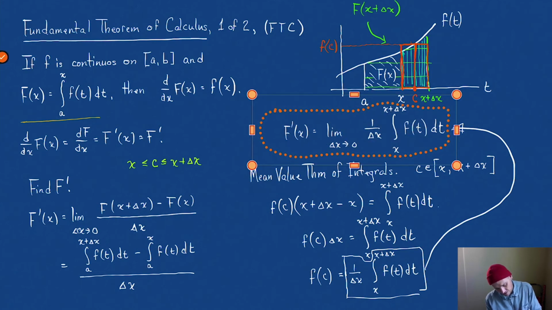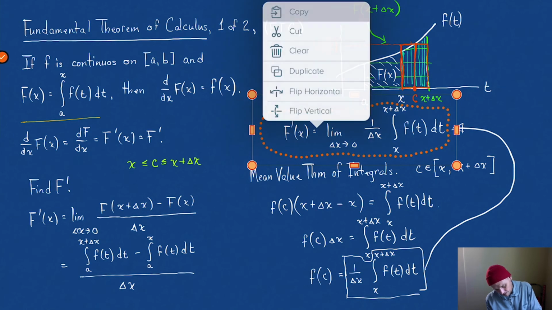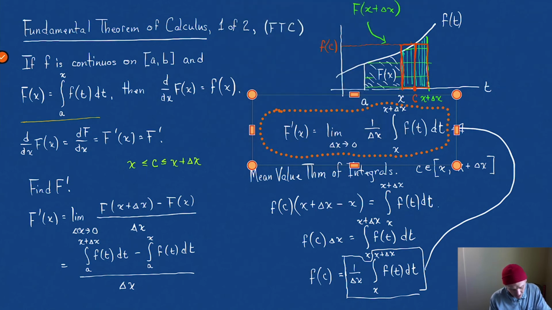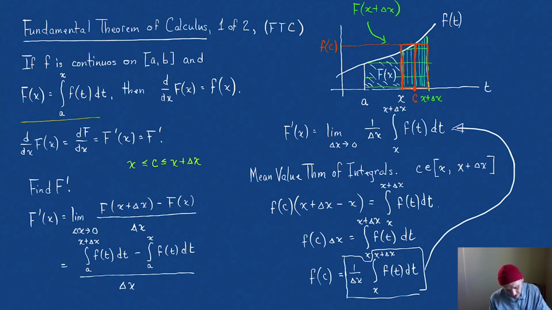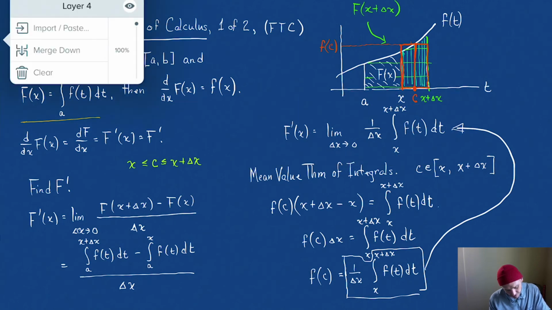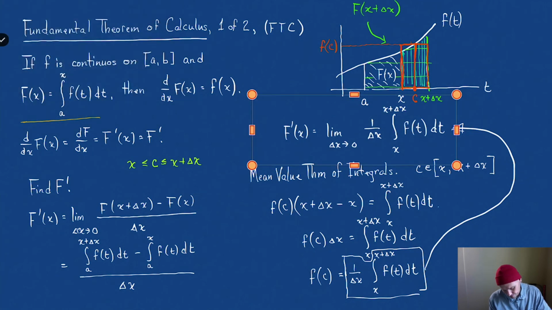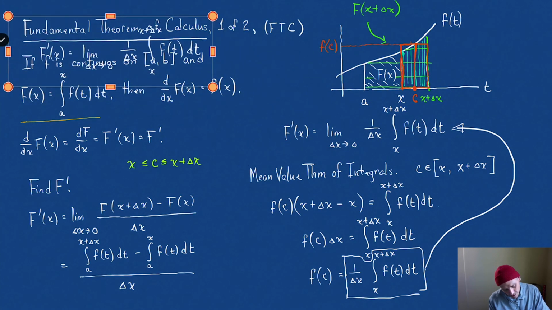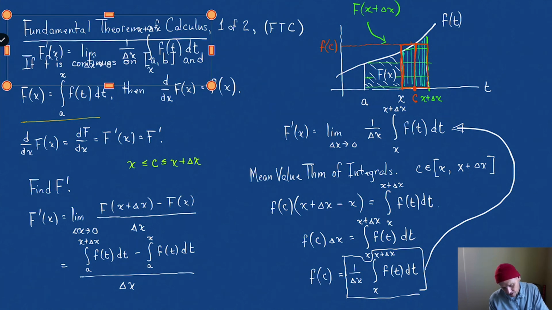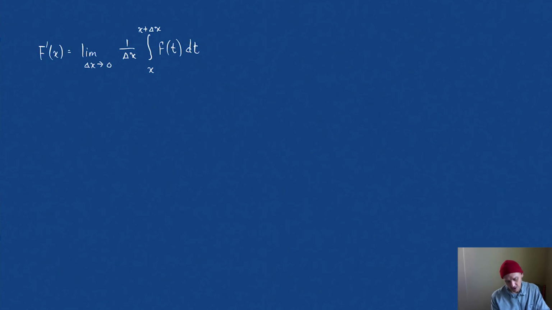We go to our new screen here and paste it on there, and put it right up there. And let's turn this off, and there we go. This is where we left off.